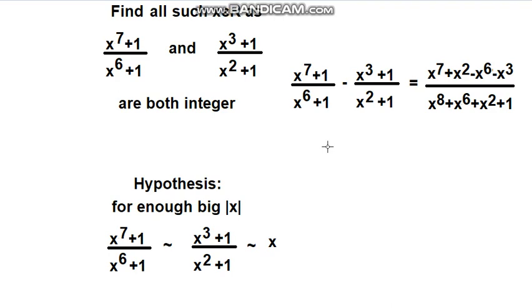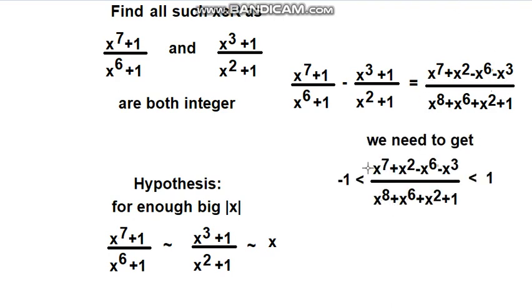Then the possible solution is if they are the same. As you can see, it is very easy: we just set it equal to 0 and find this easier polynomial task. Okay, but now let's set that this absolute value is less than 1 and find also x.